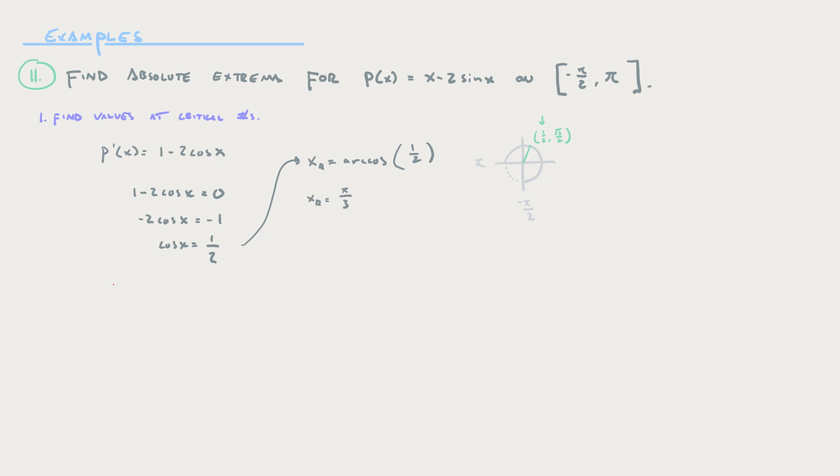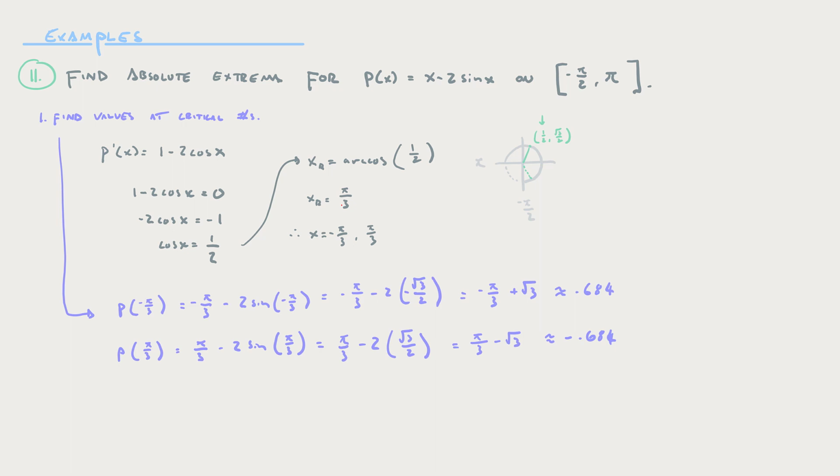But our interval is from negative pi over 2 to pi. So we can use the reference angle, and we're trying to figure out when the cosine of x is positive 1/2. So the reference angle is actually one of my solutions, and the other one is at negative pi over 3. Those are the only two places from negative pi over 2 to pi that make cosine of x equal to 1/2.